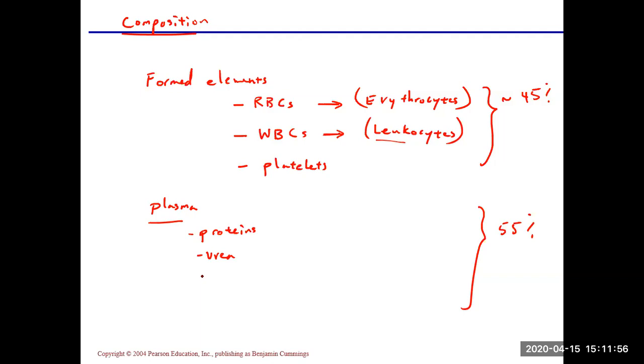And again, there are nutrients in the plasma. Some of which I can think of are amino acids, glucose, carbohydrates.